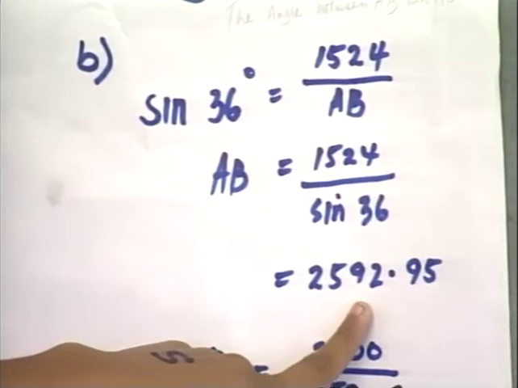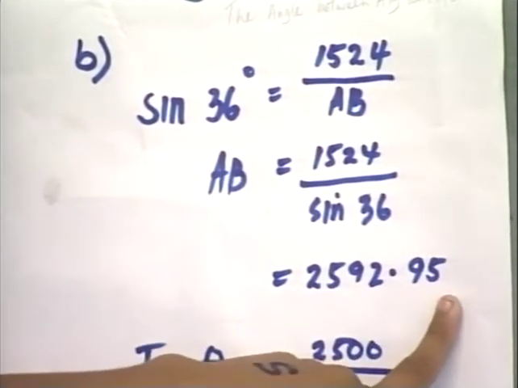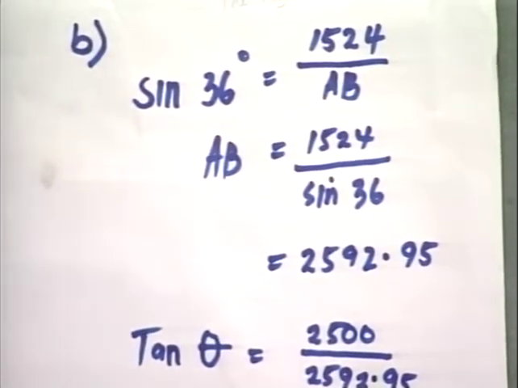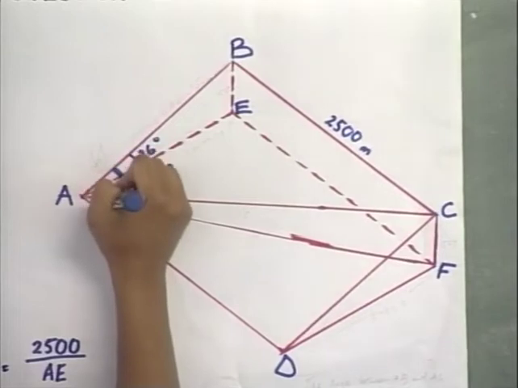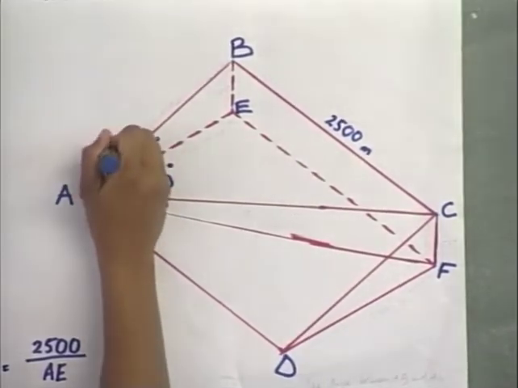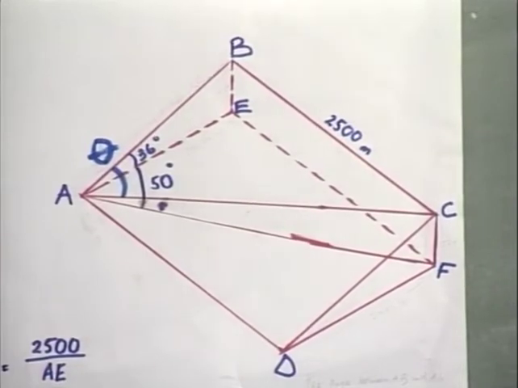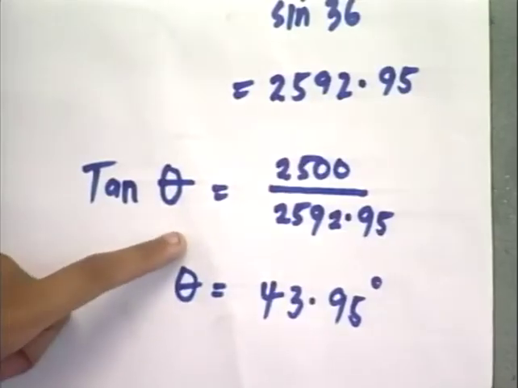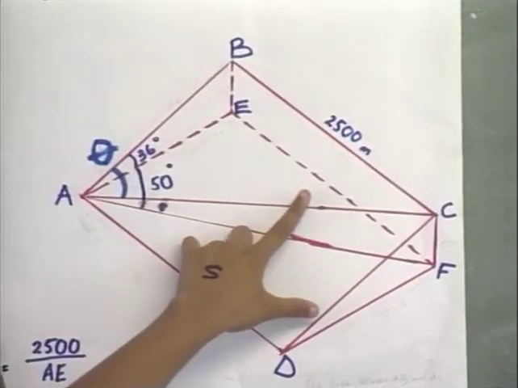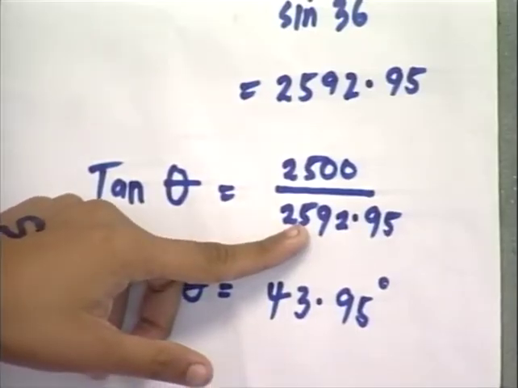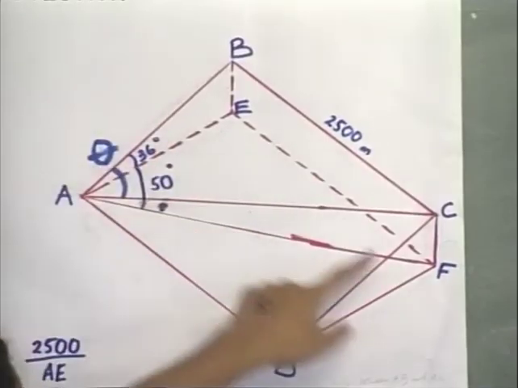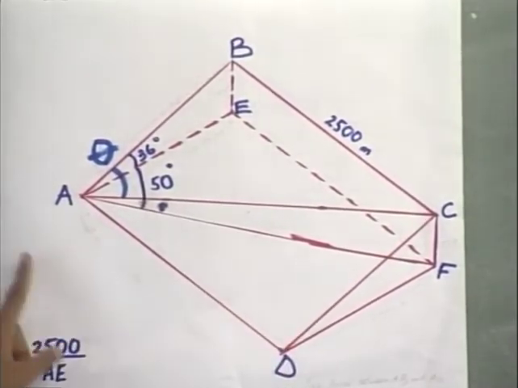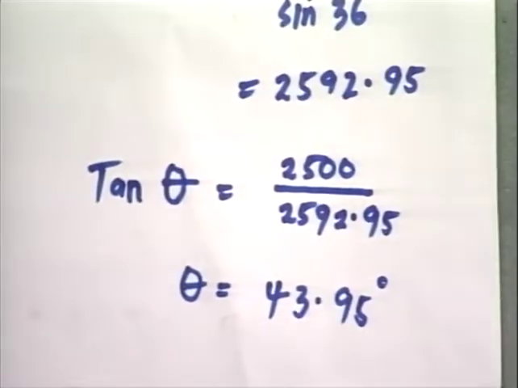AB equals 2,592.95. So we are asked to find this angle here, so we use tan theta equals 2,500 over this length here, which is the same as this, 2,592.95. So angle theta equals 43.95 degrees.